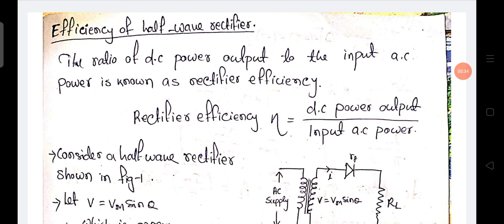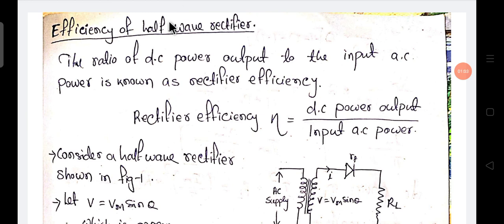Now we discuss how efficient that half-wave rectifier is. Efficient means how much of the input AC is converted to output DC. Is it about 100% or about 50%? Let us see that.